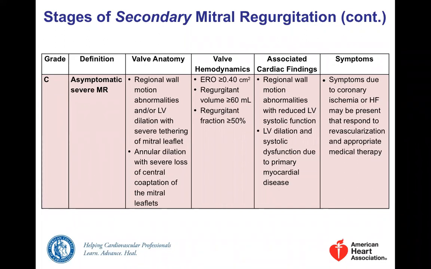And to decide between replacement and repair, you have to keep in mind the symptoms, as Dr. Muhammad mentioned. If the primary symptom is angina, the primary problem is revascularization. But if he presents with heart failure symptoms related to the MR, then the MR needs to be addressed.